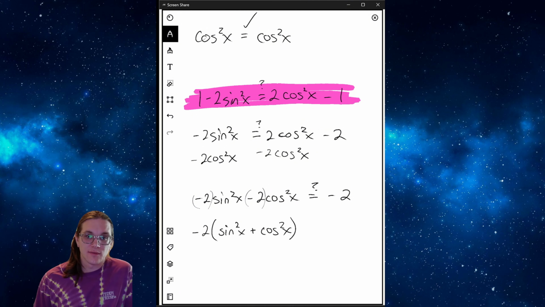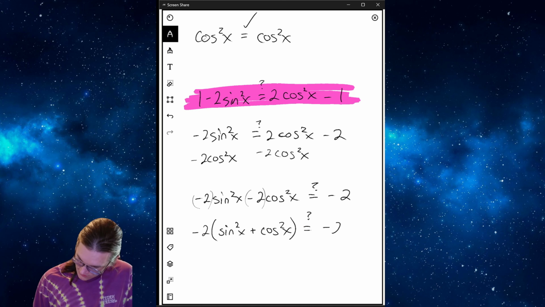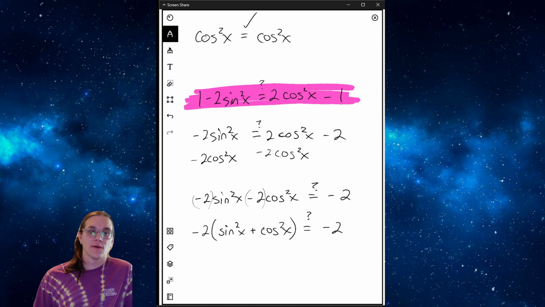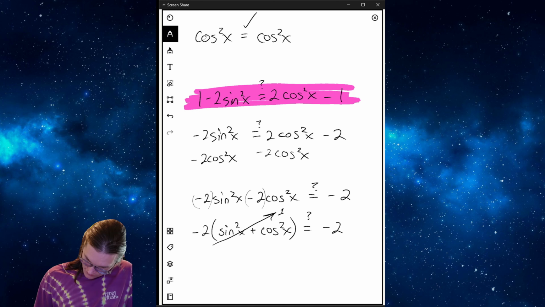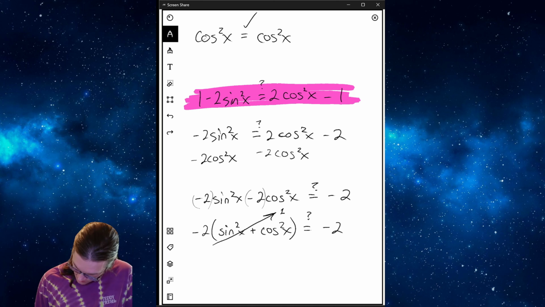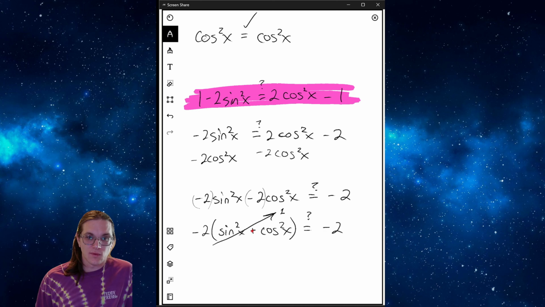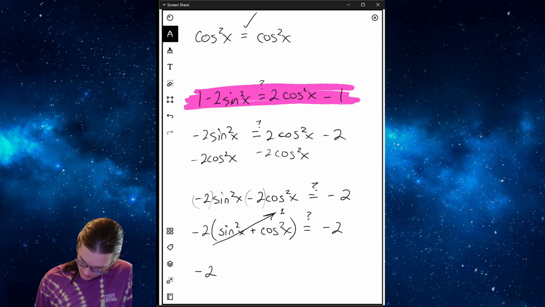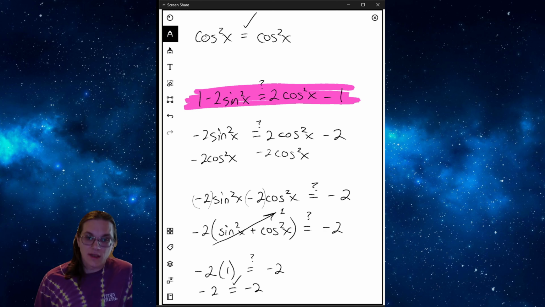You can take this multiple of negative 2, since it's happening to both. You just add them together in these parentheses and pull the minus 2 out. Well, is this true? And again, now we're back to our first identity, our favorite one, which is that this is 1. So that's just minus 2 times 1 is equal to minus 2. Yes, that's absolutely true.